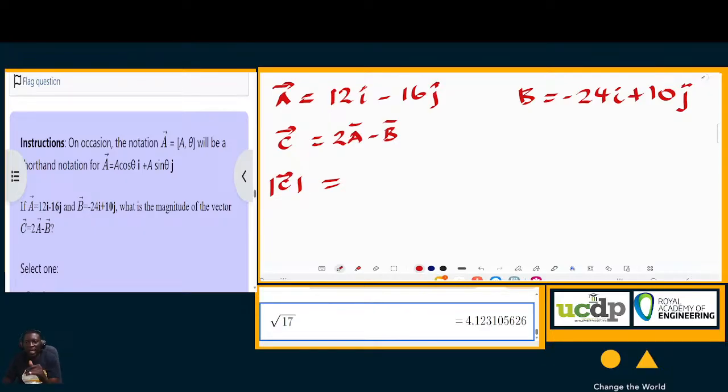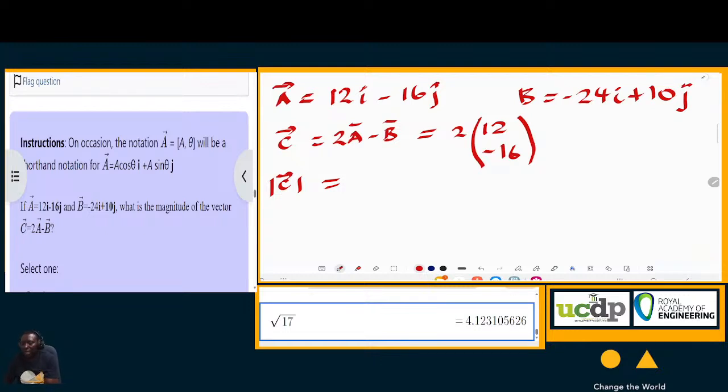So anything in the X will add to anything else in the X. Terms that are in the Y, or J, the same direction, will add to all other components that are in the Y. So what is 2A? I'll put my vector this way, so that anything in the X will be at the top, and anything in the Y will be at the bottom.